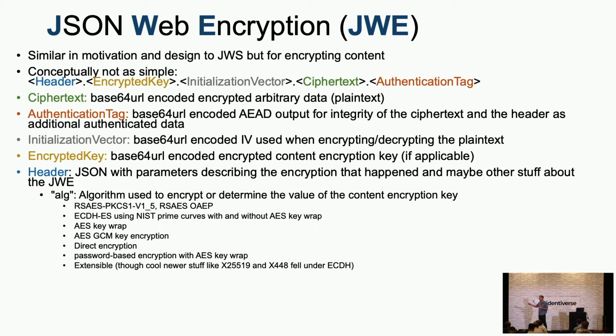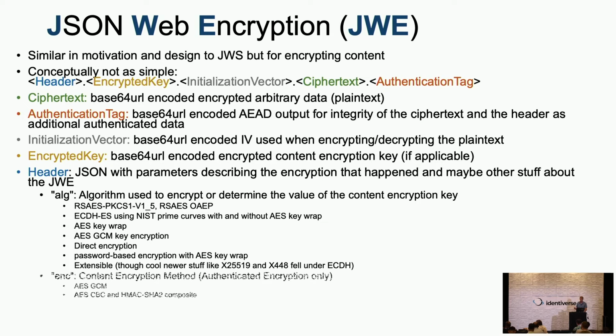It's worth noting that this alg indicates the encryption mode for the whole object, and there are asymmetric and symmetric variants included in this alg, which have very different properties. So the same JWT object can be asymmetric or symmetric just by toggling the value of the alg parameter itself. And then there's enc, which is the content encryption method.